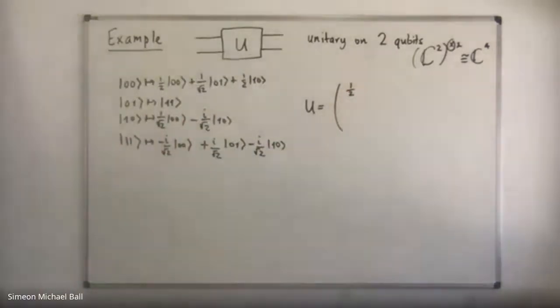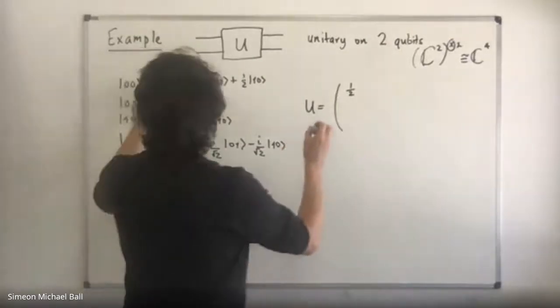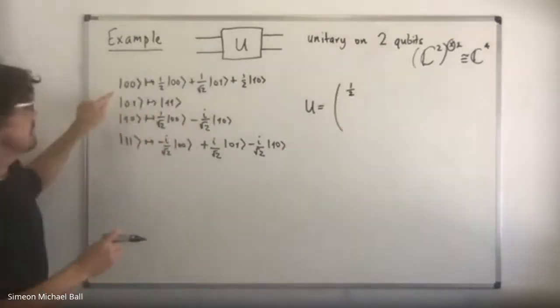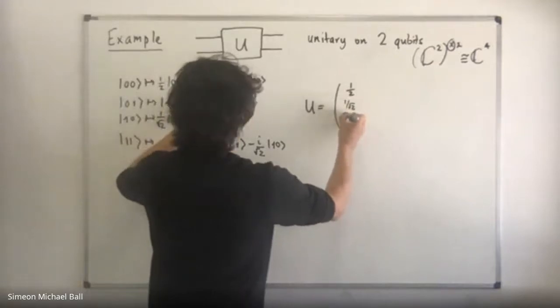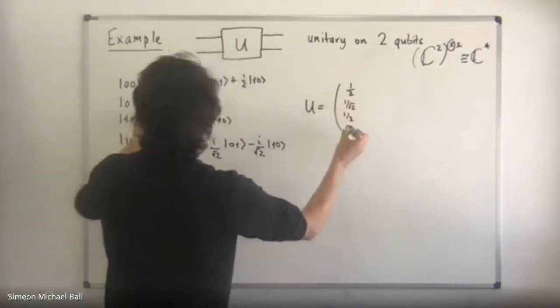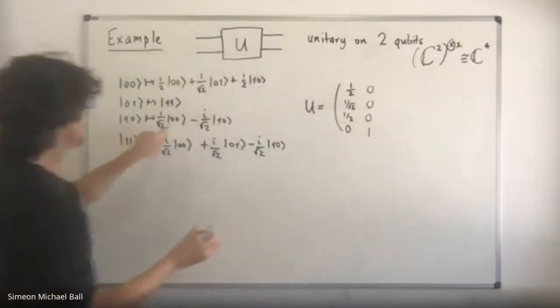So the general order we use is this order. The image of the first basis element will go in the first column, so we would end up with 0, 0, 0, 1.